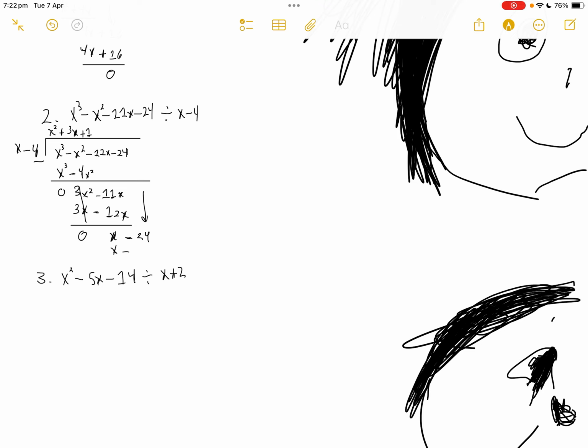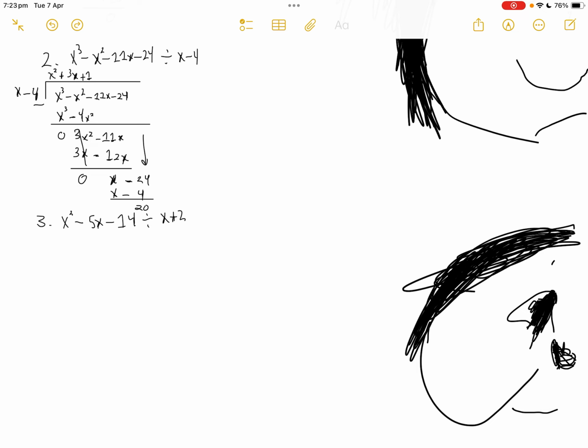And now we have a remainder of 20. When we have a remainder after our long division process, we actually leave it there. But since it is a very big equation for me to work on, I may make mistakes here. So if you spot any mistakes, please correct me.